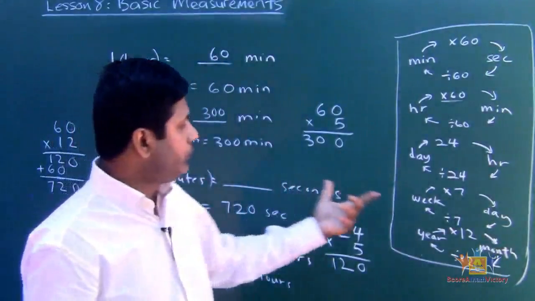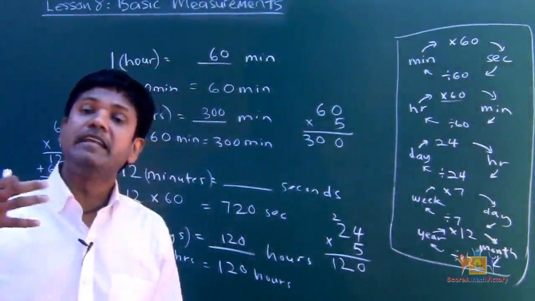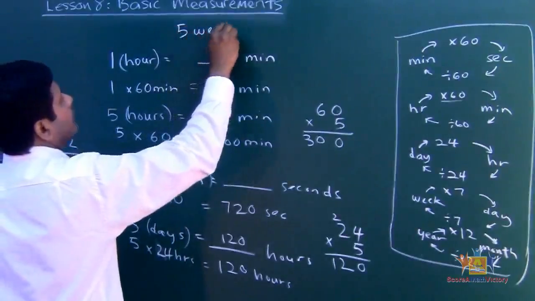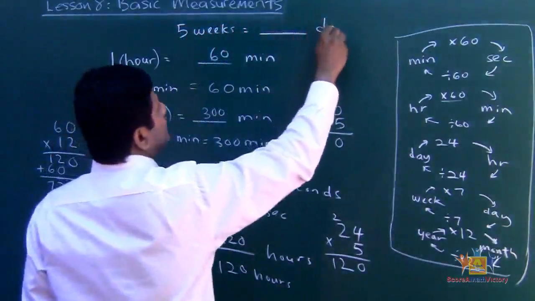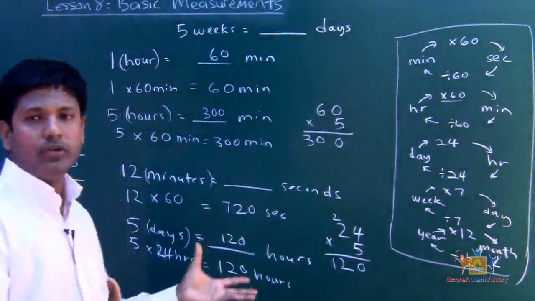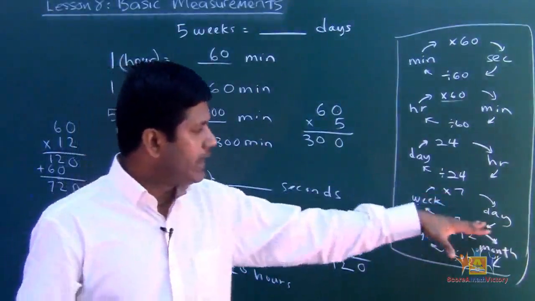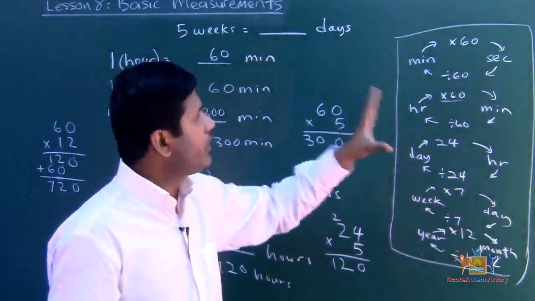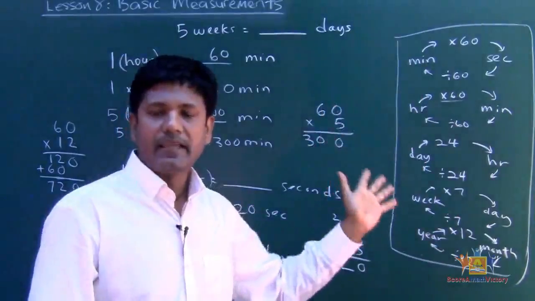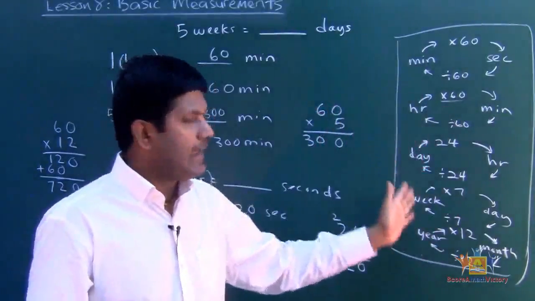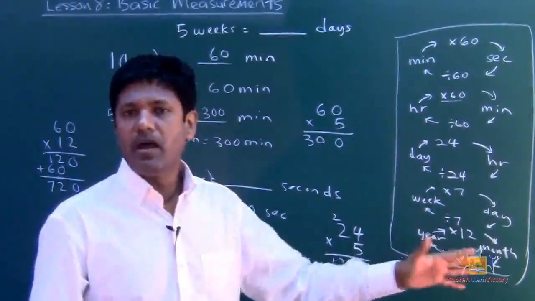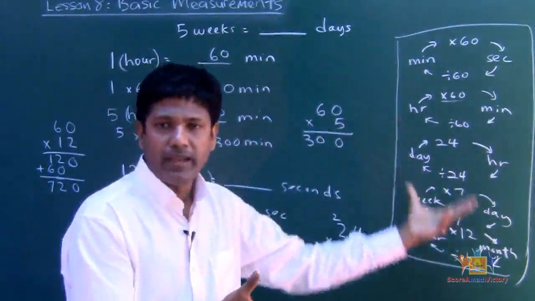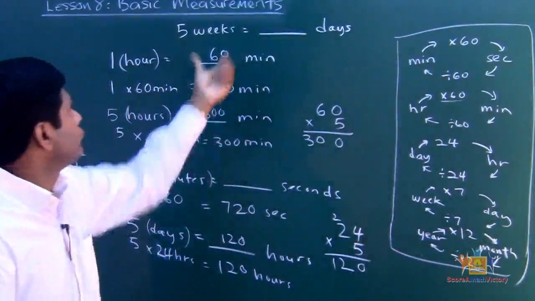If I give you 5 weeks, how many days is that? What's the template that I showed you? First you have to understand that from week to days, you multiply by 7. You have to memorize the relationship between minute and second, hour and minute, day and hour, week and day, year and month, and all that, in order to translate it into the multiplication method and solve like this.